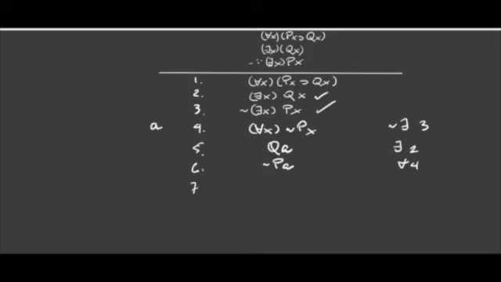Okay. And now on 7, the only quantified sentence that I have left to instantiate is the one on line 1. So I'm going to write this substitution instance with the only name that we have so far, which is if PA, then QA. And this is by the universal in 1.